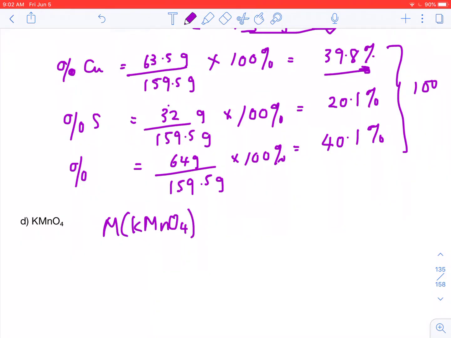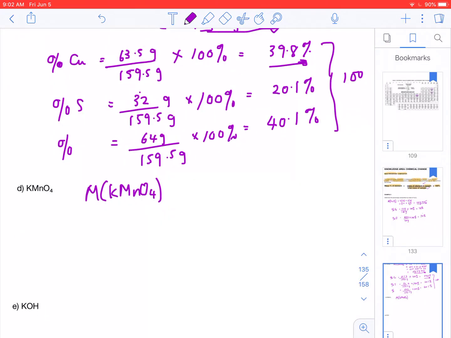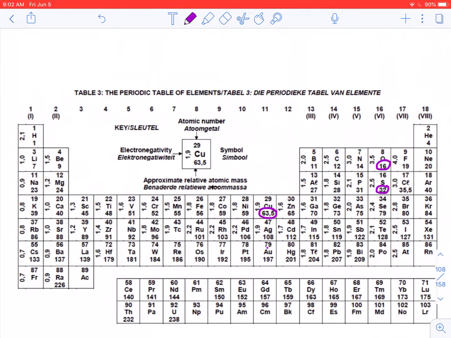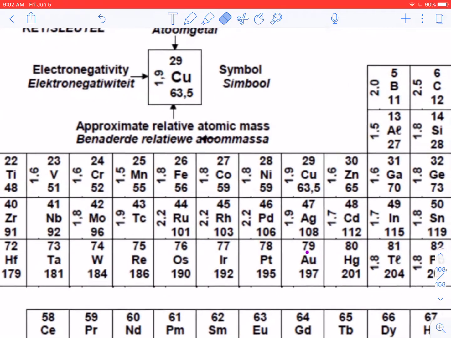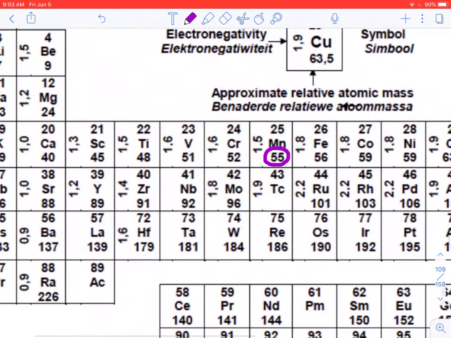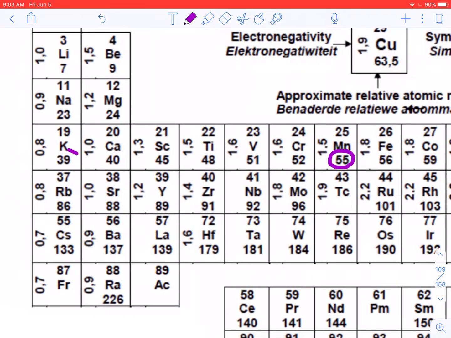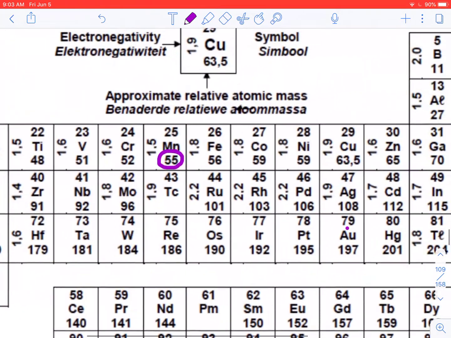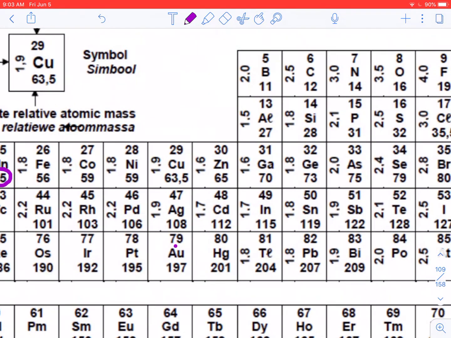If we look at that, manganese we have is 55, and that's its relative atomic mass. Potassium is 39. And oxygen, by now you should already know, is 16.